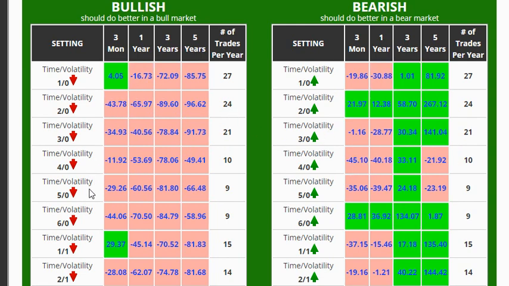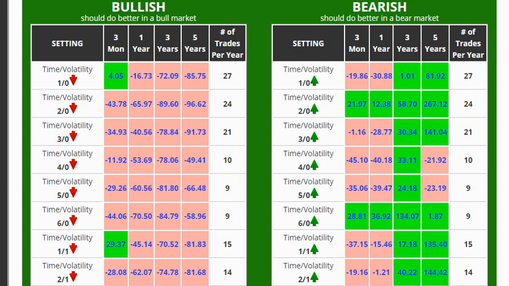Now, there is one exception. A bull market usually lasts 7 to 10 years, so it's common for these to all be in the green because we have a 5-year return, and a bull market is 10 years, so you've got plenty of returns there. A bear market, on the other hand, is usually like 1.5, maybe 3 years, so it's very rare that you would see green in the 5-year column.